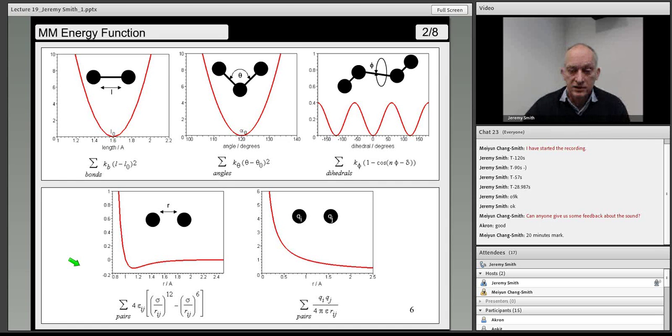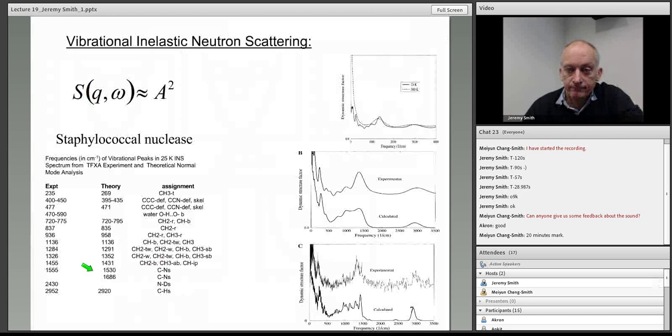The van der Waals interaction, which gives us a hard repulsion and a softer attraction, and electrostatic interactions, which occur because the charge on the nucleus and the charge on the atoms don't cancel each other out. There's a net partial charge on each atom in the system for most systems. So that's our potential function. Now, what about neutrons? Let's get back to it.